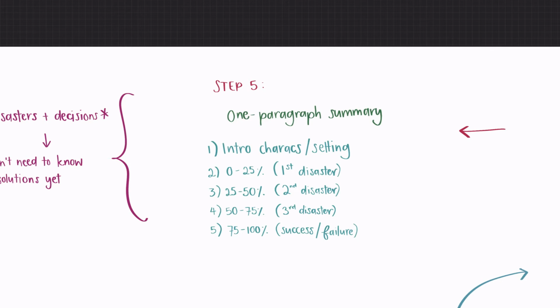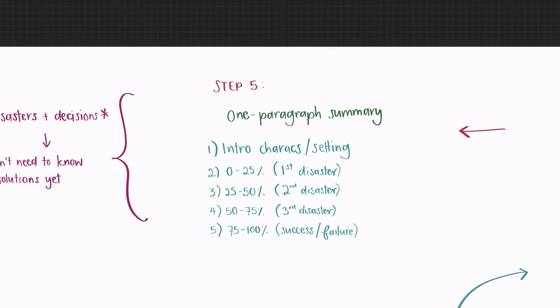So this 1 paragraph is comprised of 5 sentences. The first sentence is about introducing your main characters and the setting of your book. The second sentence describes the first quarter, which ends in the first disaster. The third sentence describes the next quarter, ending in the second disaster.